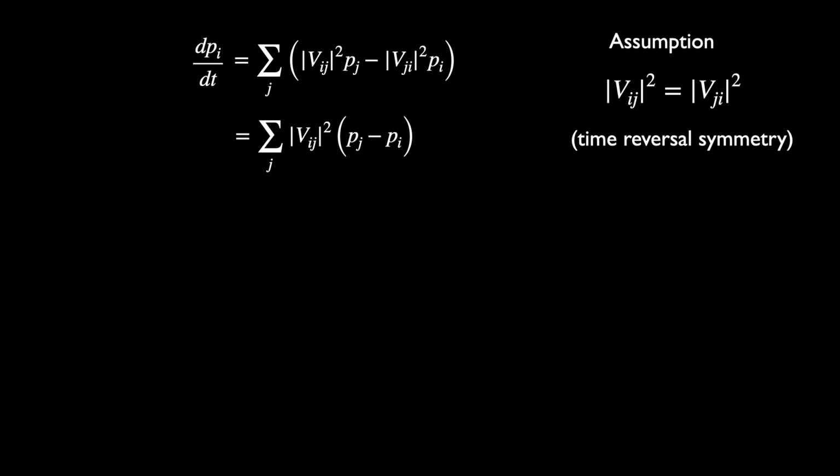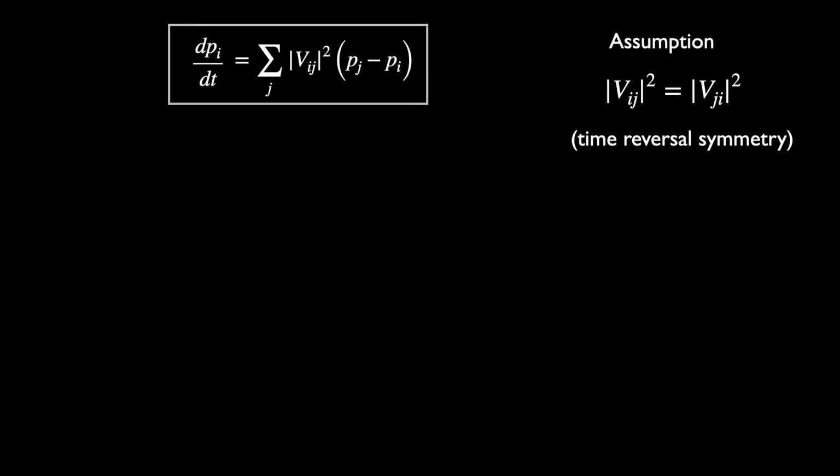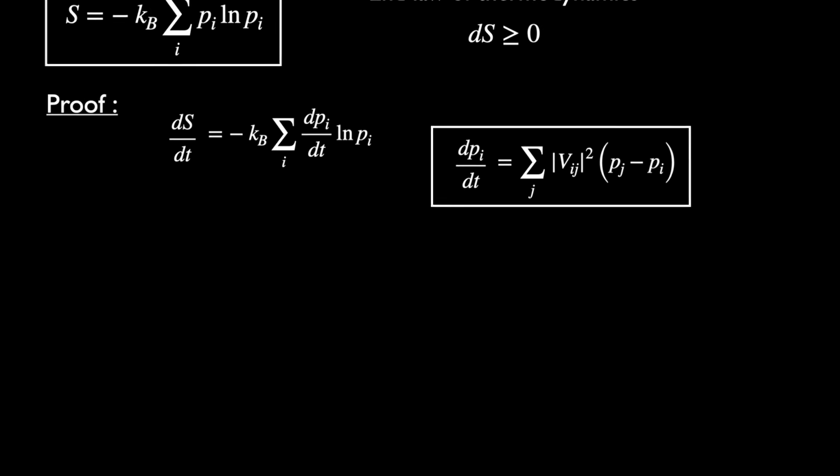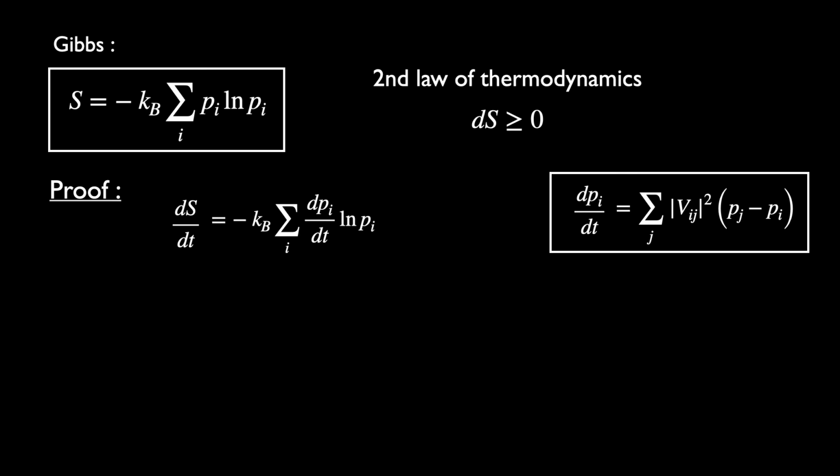This means dpi/dt can be written as the sum over j, the transition rate from j to i, multiplied by the difference between pj and pi. Let's substitute this expression for dpi/dt back into the earlier equation for dS/dt.